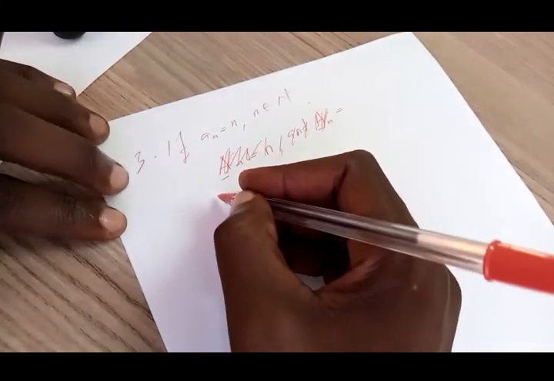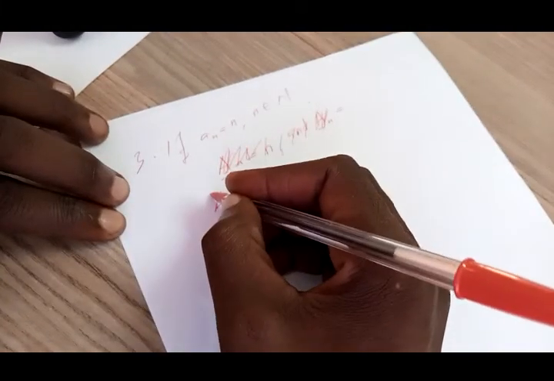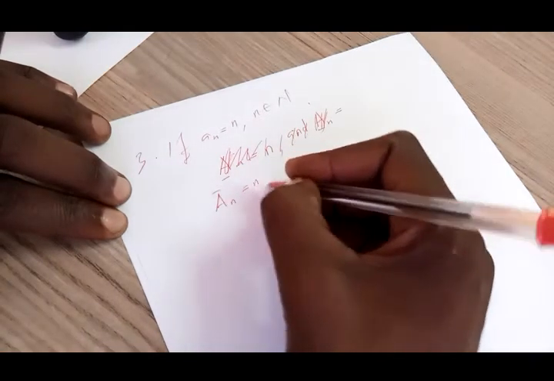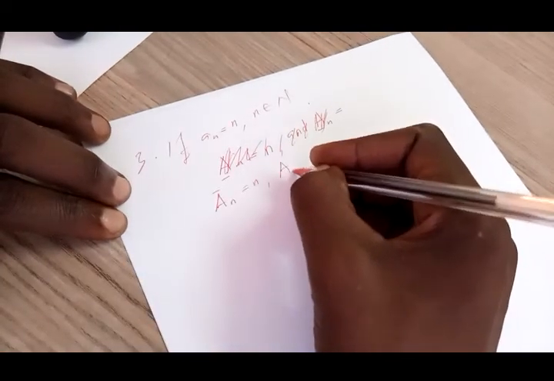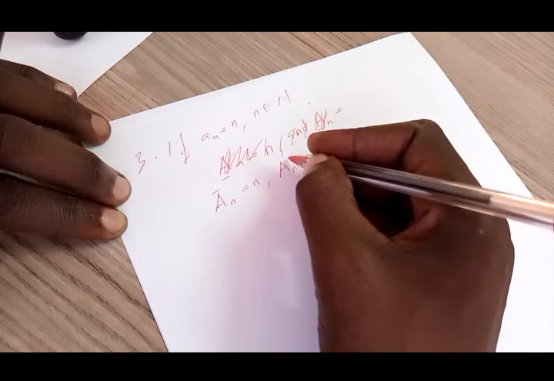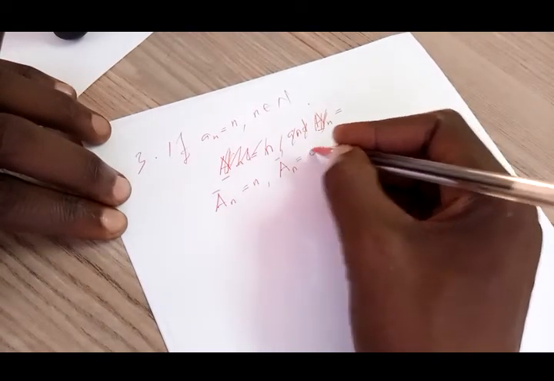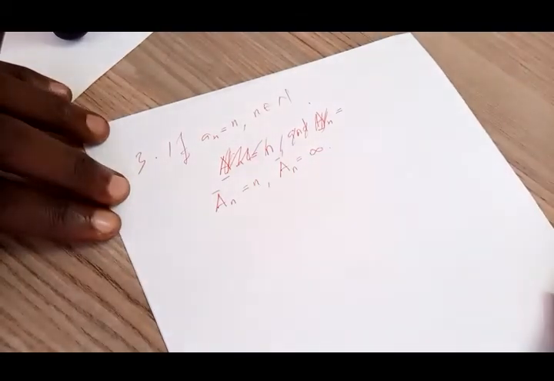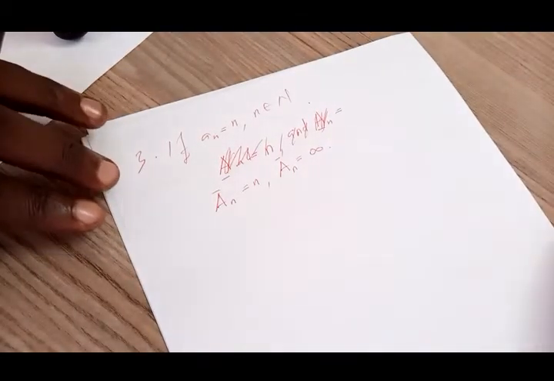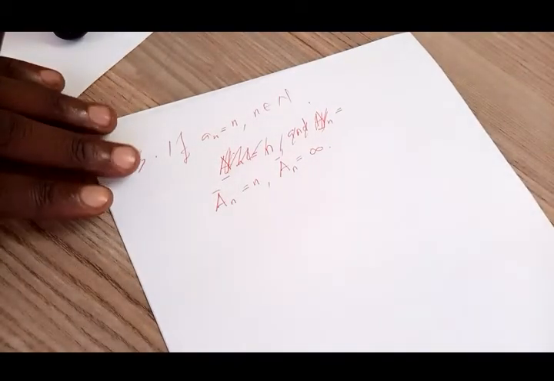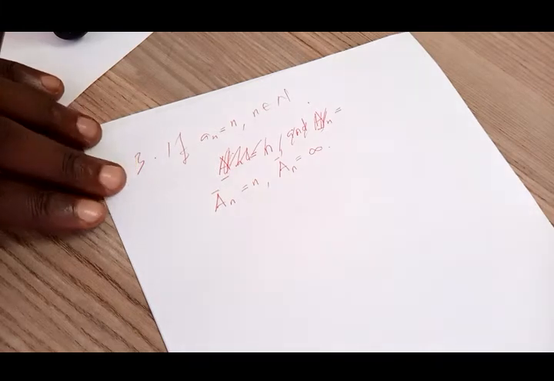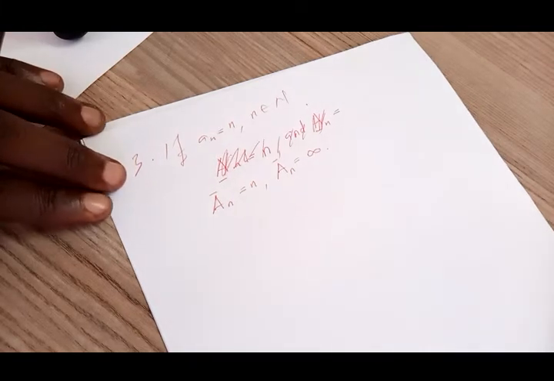Our a_n bar is going to be equal to n, which is infinite: 1, 2, 3, 4, 5 up to infinity. So the greatest of this is going to be infinite for all n. I hope that is clear.